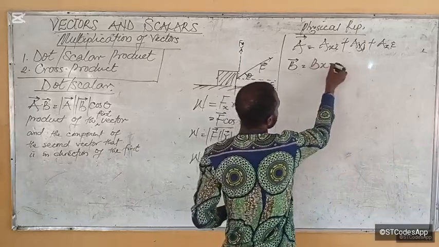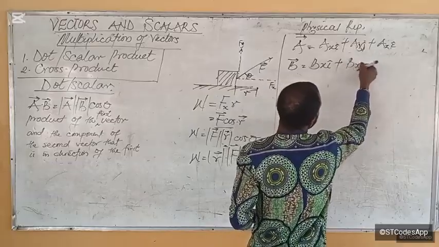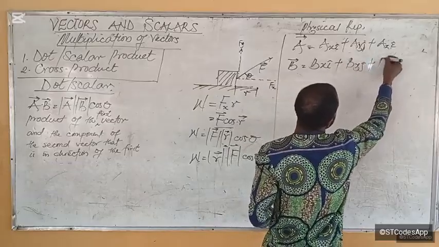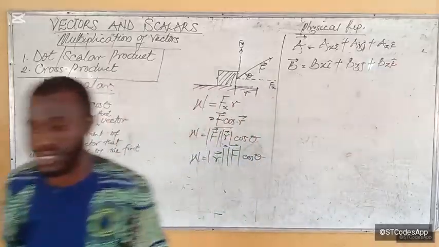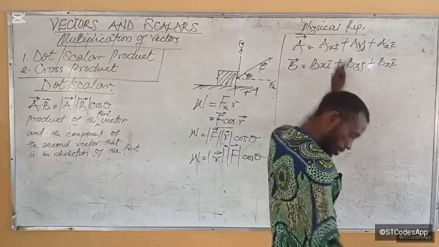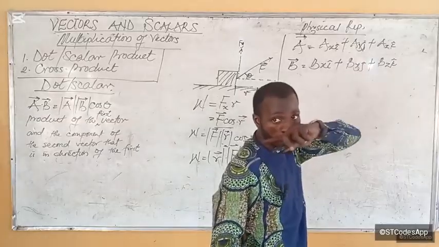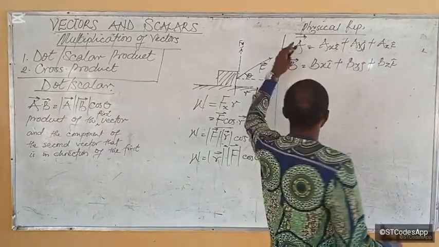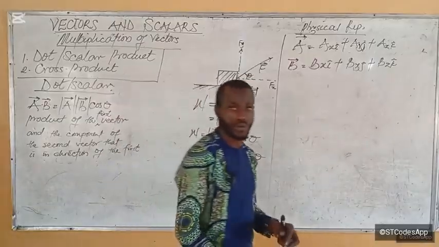So B sub x i plus B sub y j plus B sub z k. So this is going to be our physical representation of the two vectors, vector A and vector B. Now if I say take the dot product of these vectors for me.